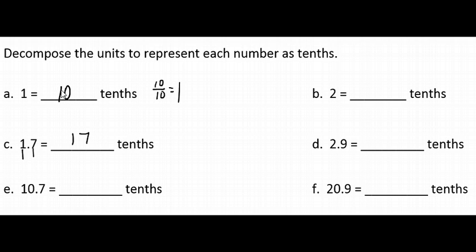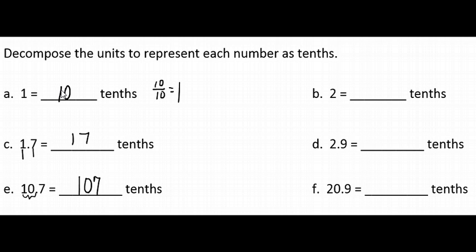If I have 10 and 7/10, my 10 would be 10 wholes. Well, since 1 whole is 10 tenths, then 10 wholes would be 100 tenths. And then if I add in my extra 7 tenths, I have a total of 107 tenths.